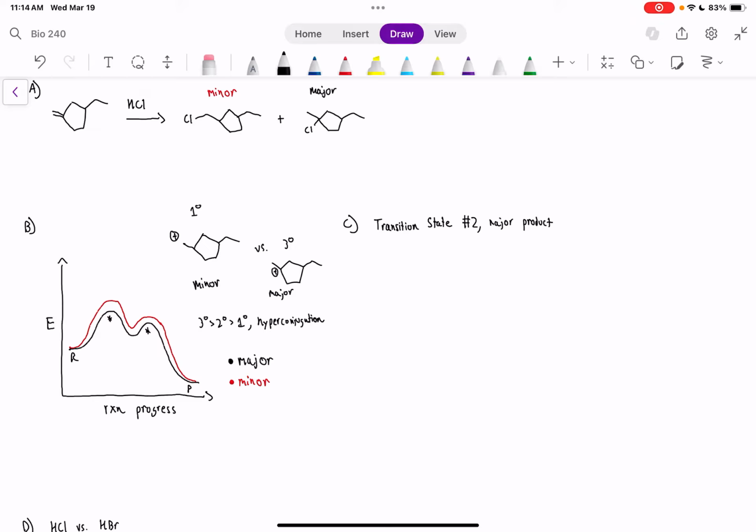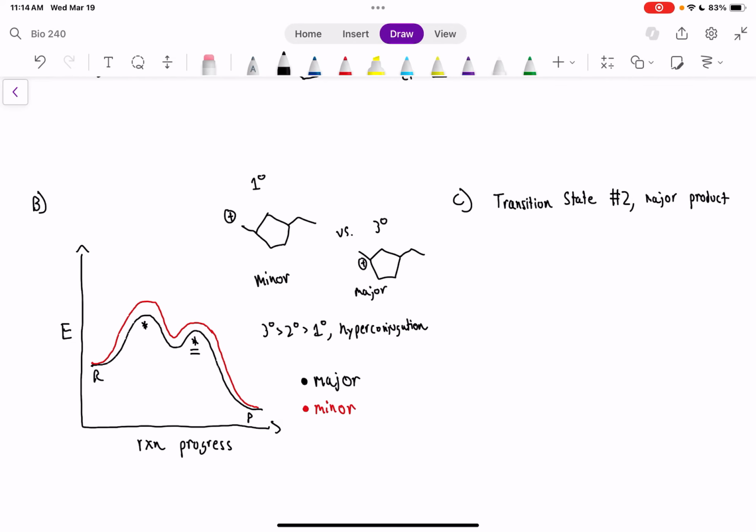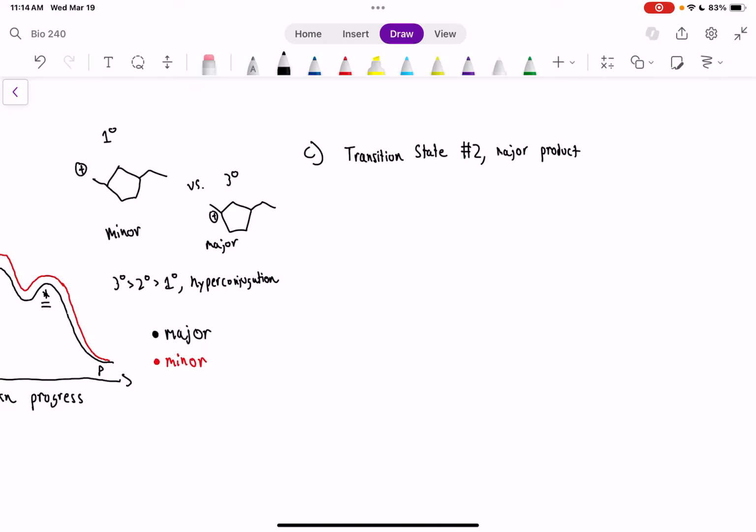And we can't isolate this as we could with an intermediate. So if we were to look at transition state number 2, that's this transition state right here, which means we've already formed a carbocation. This must mean that this transition state is the addition of the chloride ion onto the carbocation. So the first thing I'll draw is my base structure here.